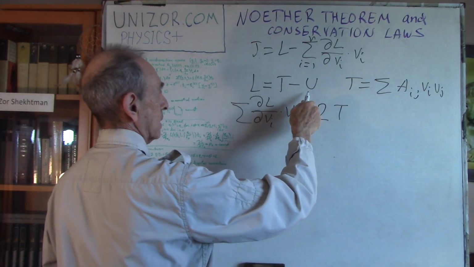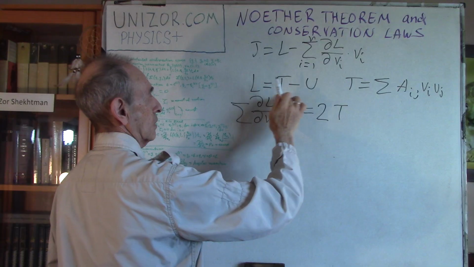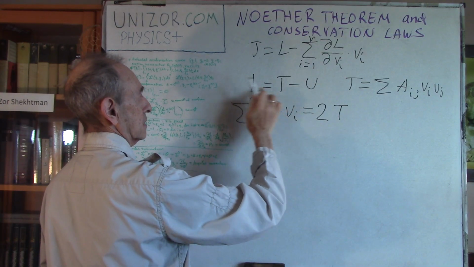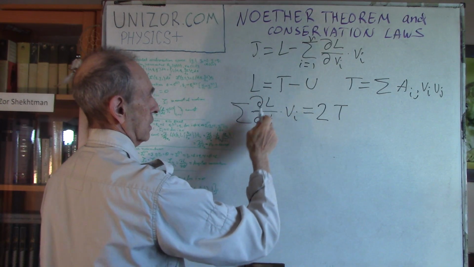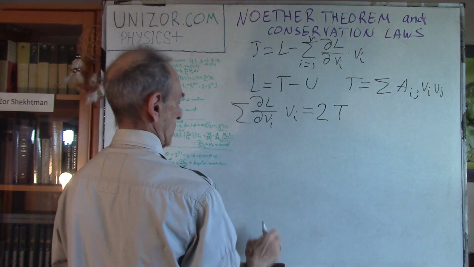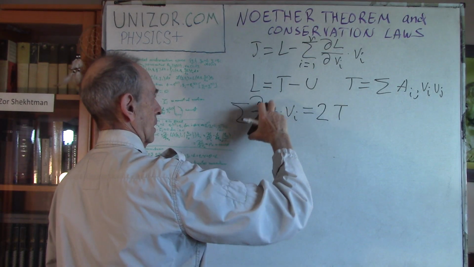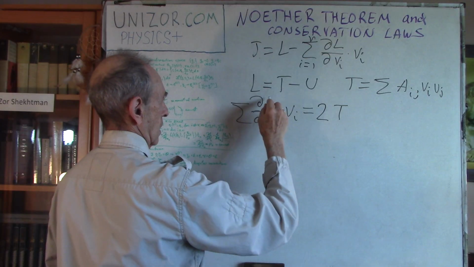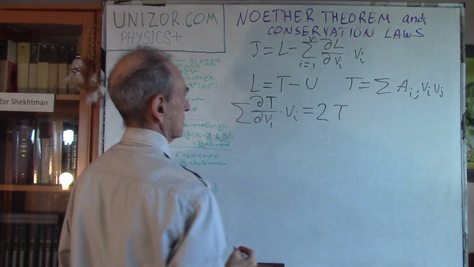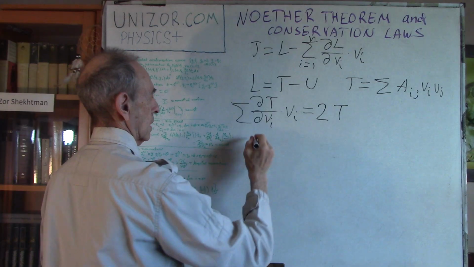By the way, U is independent of the velocity, so basically the derivative of L is the derivative by T. So I can put T here as well. Doesn't really matter. Just put T.